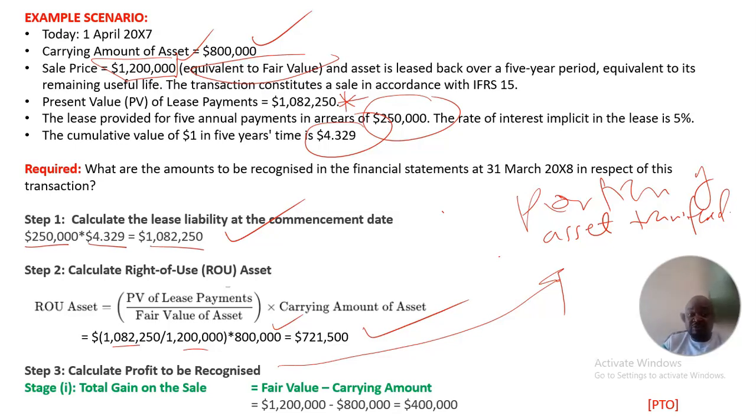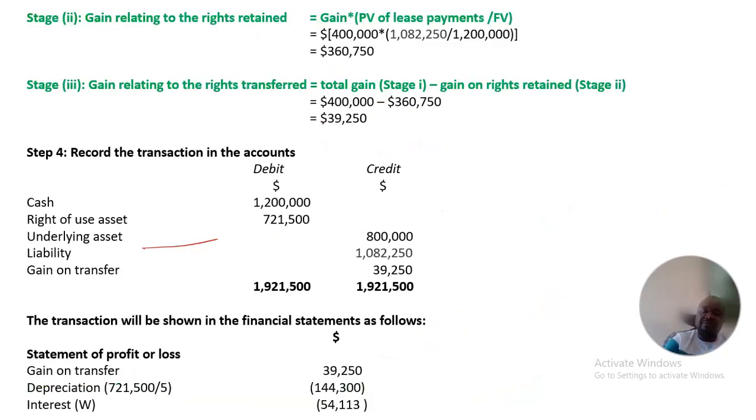Are we together, ladies and gentlemen? Good. So in this case, what was the fair value? The fair value was 1.2 million, and the carrying amount of the asset was 800,000. Therefore, the profit on disposal was $400,000.